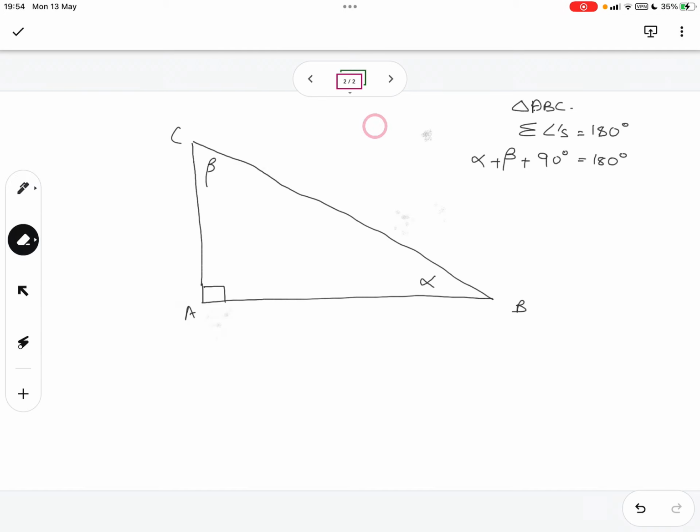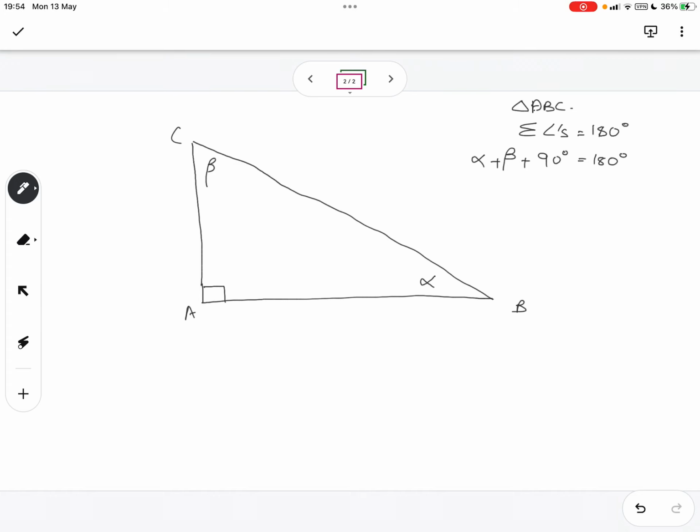And I'm going to do that so that you and I can have an understanding that inside a right-angled triangle, one angle is the difference between 90 degrees and the other angle.